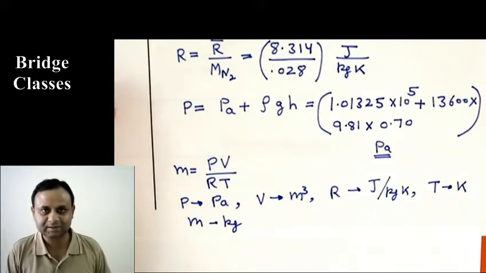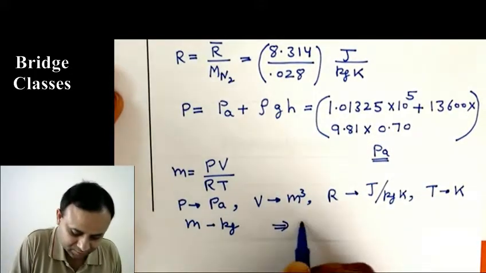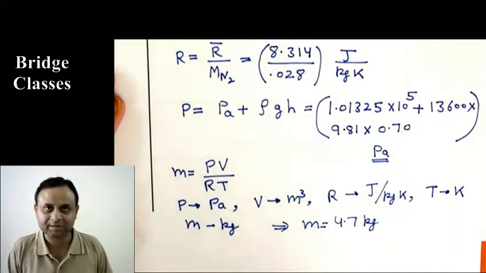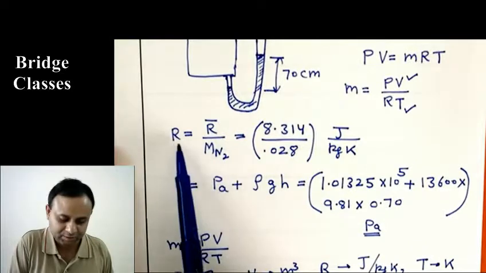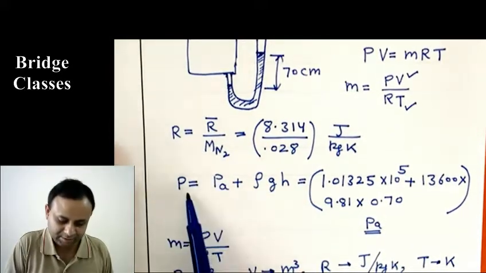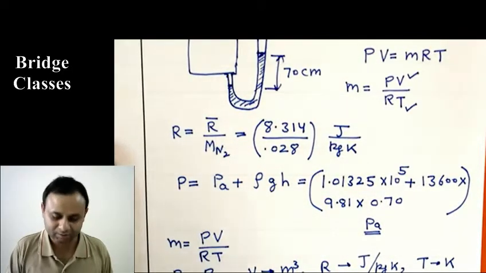So be consistent with units. We have all the numbers, you just plug numbers, and that gives M is 4.7 kilograms. In problems like this, you can make a mistake of confusing gas constant with universal gas constant, or in taking proper units for pressure, and then you won't get the right answer.